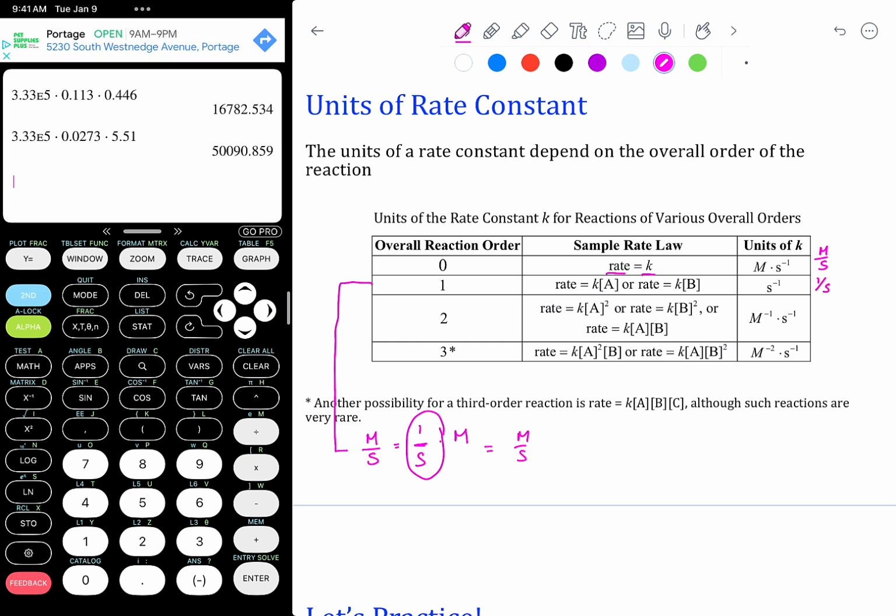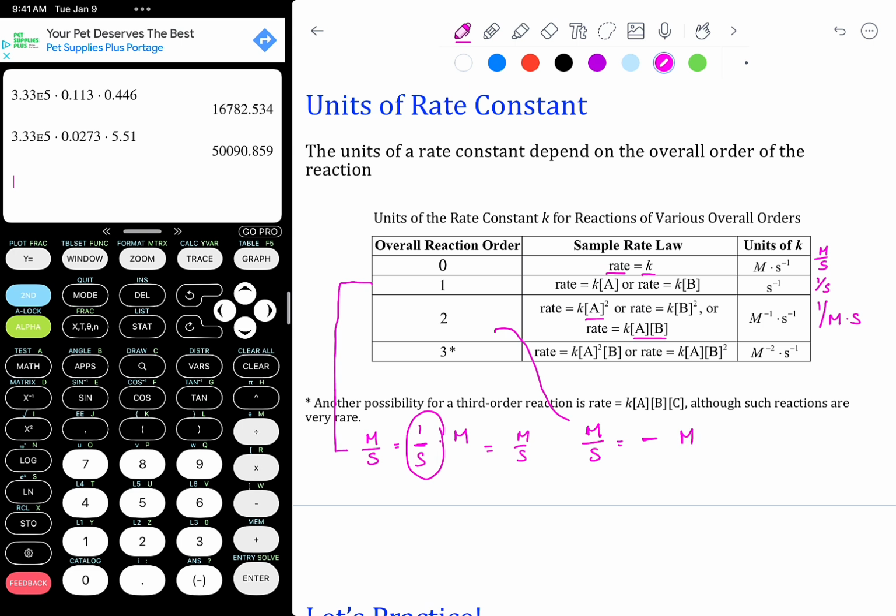If the overall reaction order is 2, then the units of K are 1 over molar times seconds. And again, this is for a similar reason. So again, I need my rate to be equal to molar per second. That's the unit of rate. So now I'm looking at my unit of K in relation to either my concentration being squared or having two concentrations.